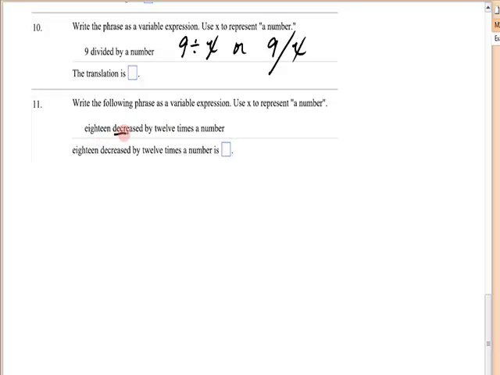Decreased by is subtraction, so it is 18 minus 12 times a number, 12x. 18 decreased by 12 times the number, so there were 2 operations there. Okay, you'll continue to work with these translations in this lesson and in future lessons.